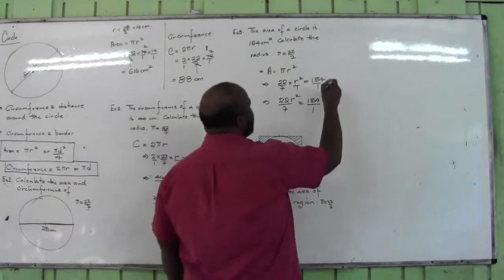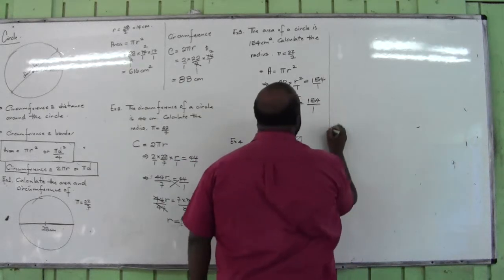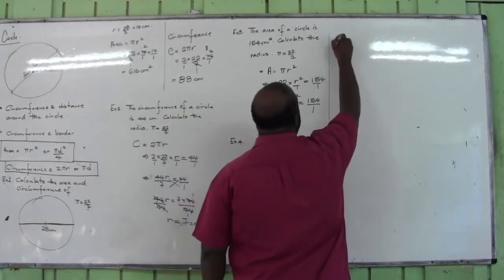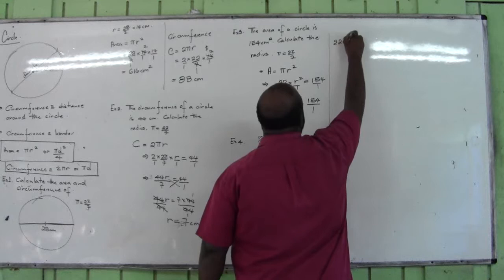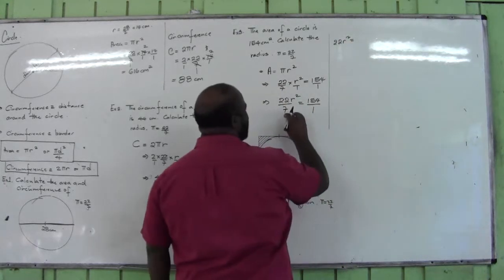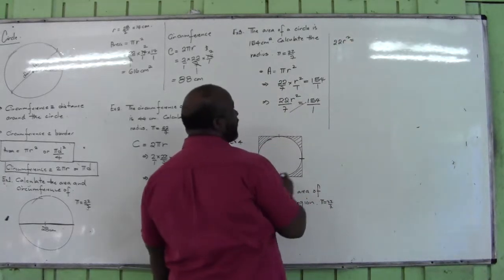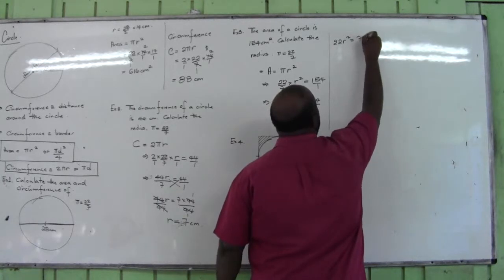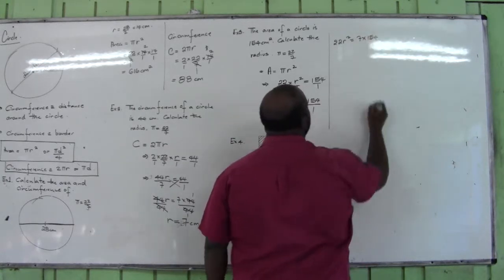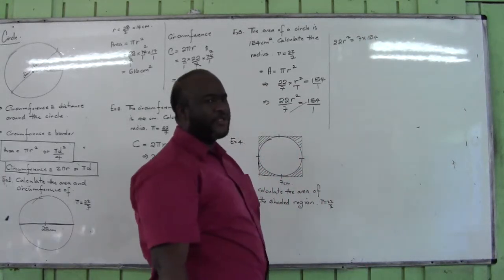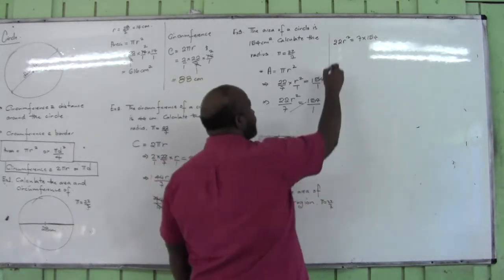So therefore, 1 times 22 r squared is 22 r squared, is equal to 7 times 154. Divide both sides by 22.